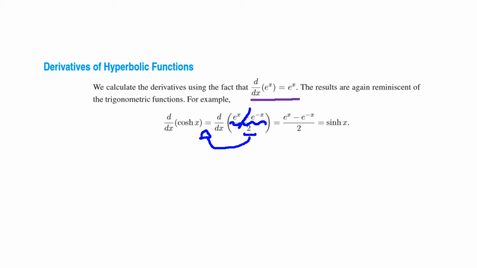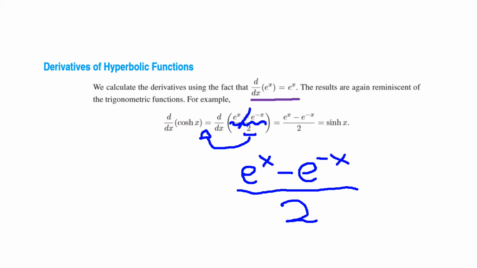The result will be e to the power of x minus, since it is a chain rule, e to the negative x, and the constant comes here over 2. What you can recognize by looking at this is that this equation is the hyperbolic sine of x. So we can conclude that the derivative of hyperbolic cosine of x equals hyperbolic sine of x.